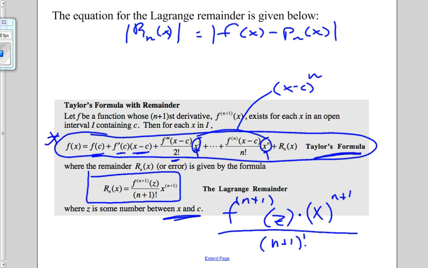And this is Taylor's remainder theorem, or rather the Lagrange remainder using Taylor's formula. So Lagrange came up with this remainder.